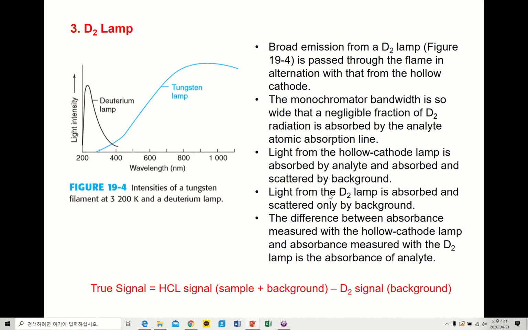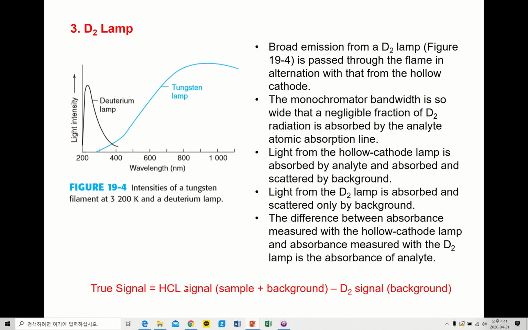Light from the D2 lamp is absorbed and scattered only by background, because the analyte absorbs a negligible fraction of D2. That's the idea. The difference between absorbance measured with the hollow cathode lamp and absorbance measured with the D2 lamp is the absorbance of the analyte.